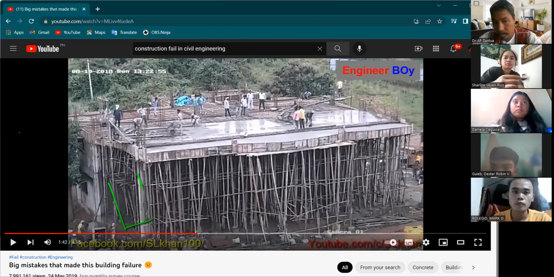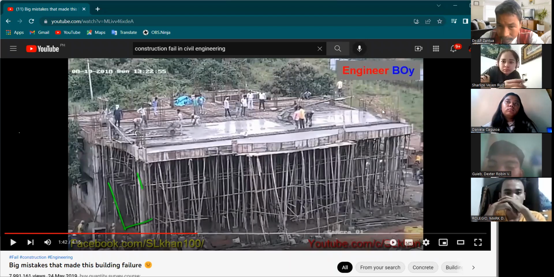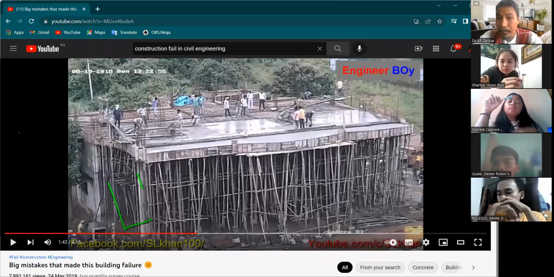So 18 meters, imagine that. Take note, from this column to the next column going to the back, or this one going to the back, this is about 4 to 5 meters. This is correct. This is allowed. So from this column to the next column, this is about 4 to 5 meters.